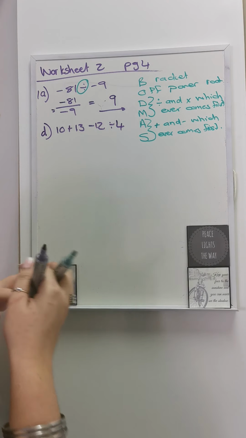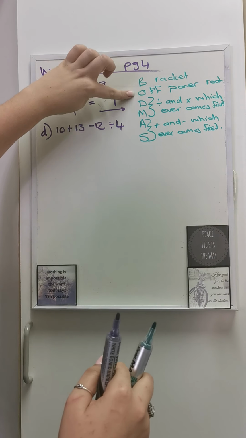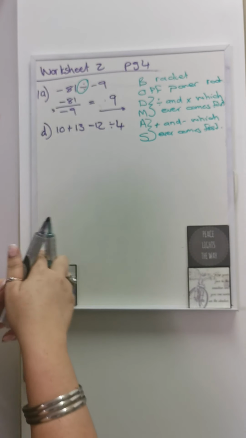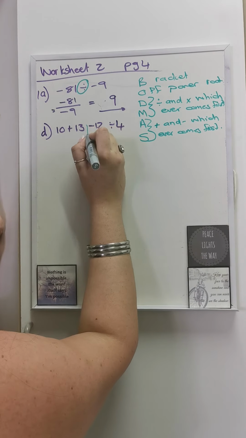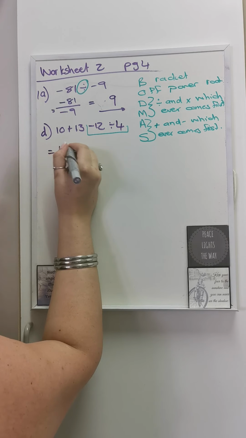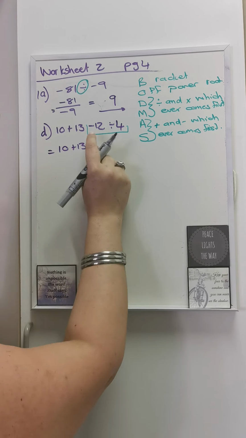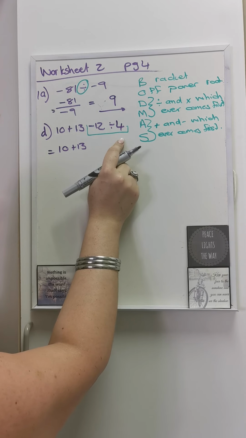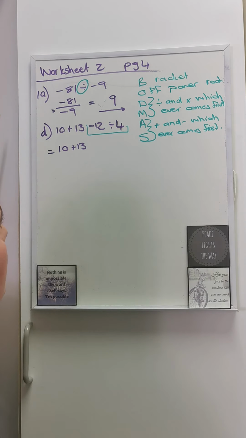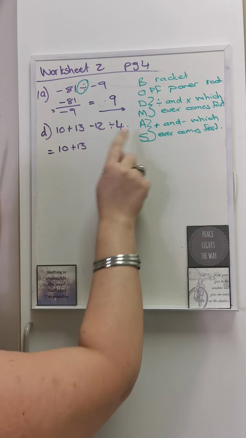Okay, so if we look at this sum, there's no brackets, there's no power or root. There is a divide. So I'm going to have 10 plus 13 and then negative 12 divided by 4. Let's just leave it at 12 divided by 4 first.